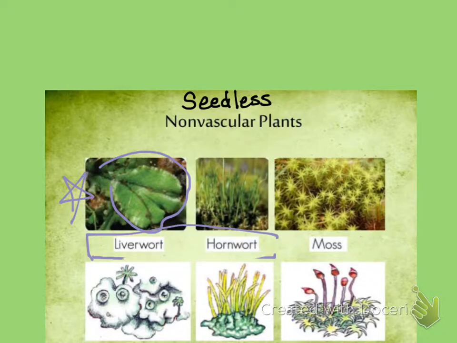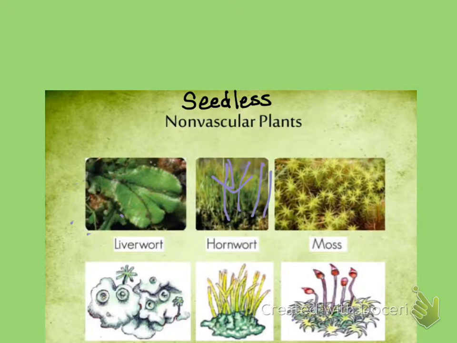Now, the hornwort, on the other hand, has more of a broad, flattened leaf-like structure, and that's kind of like the grass that you see here, right? And their rhizoids hold them in place, and you can see the rhizoids down in this area.